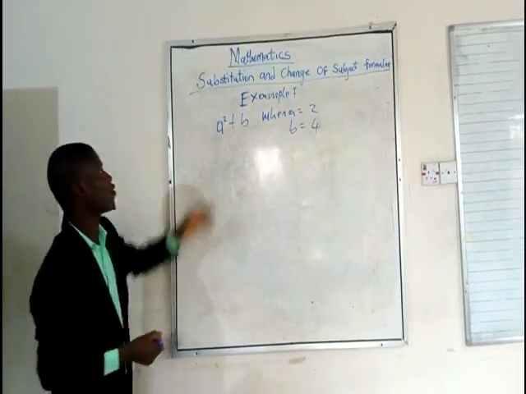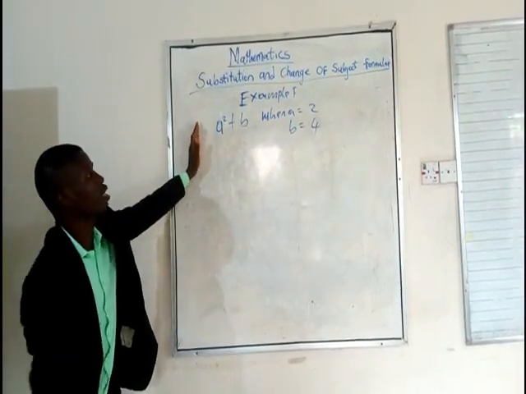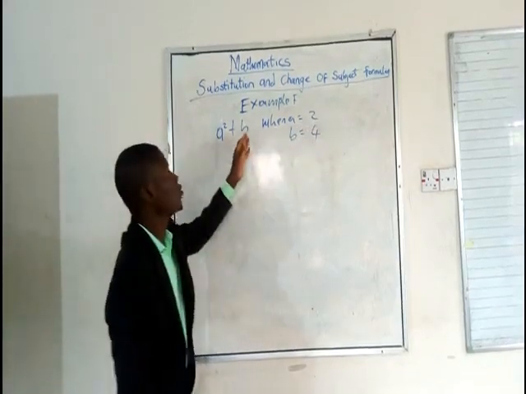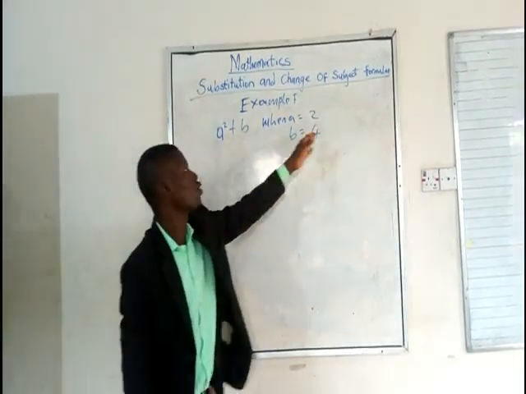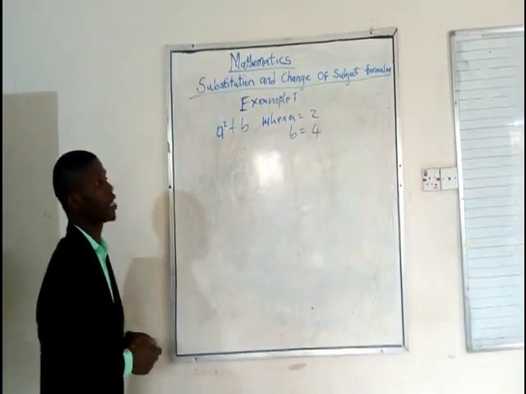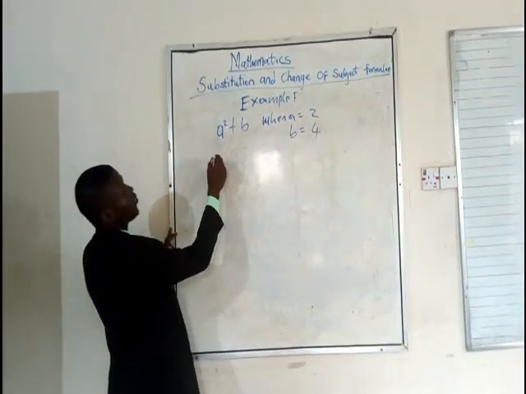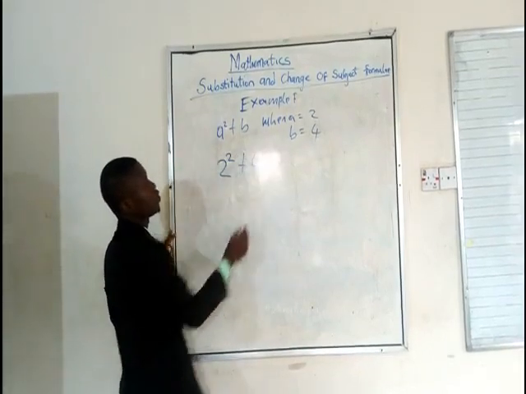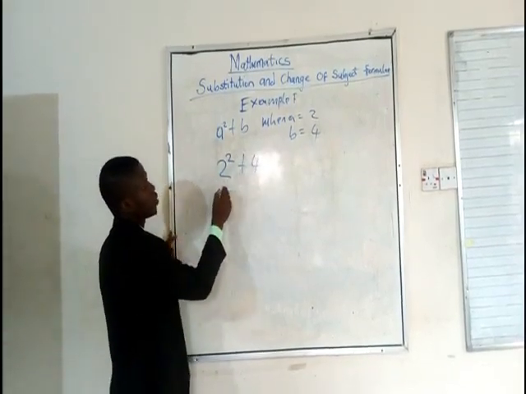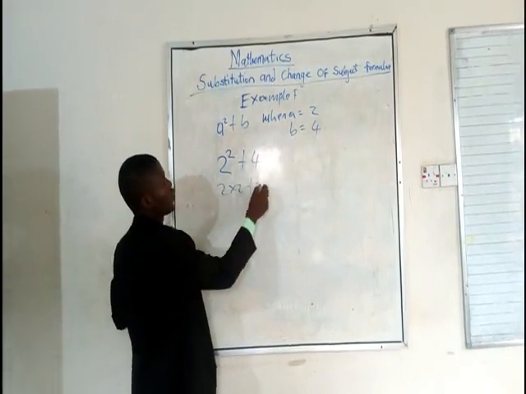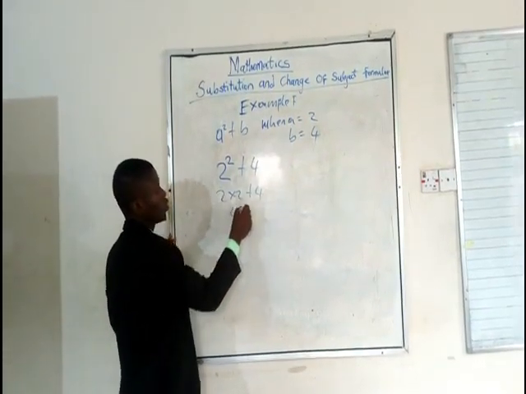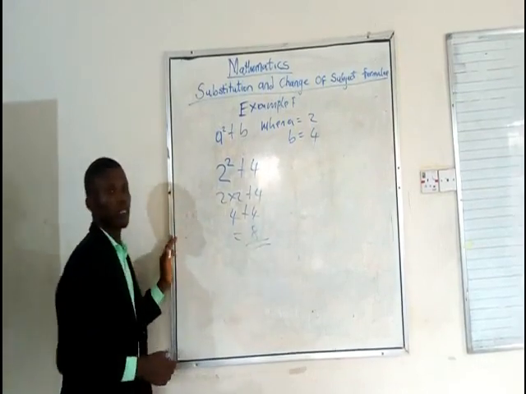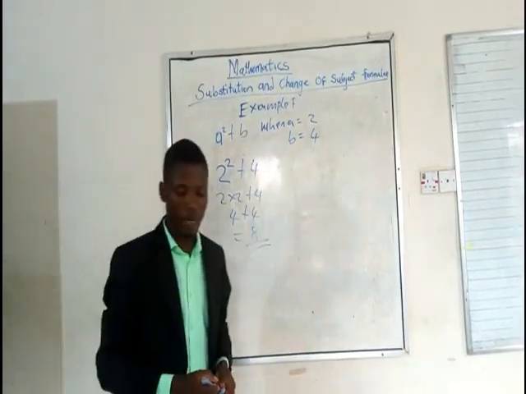Let us solve this. Wherever we see A, we replace it with 2, and wherever we see B, we replace it with 4. That is what we mean by substitution. Then I have 2 squared plus 4. 2 squared is the same as 2 times 2, plus 4, which gives 4 plus 4 equals 8. That's the answer, as simple as ABC.